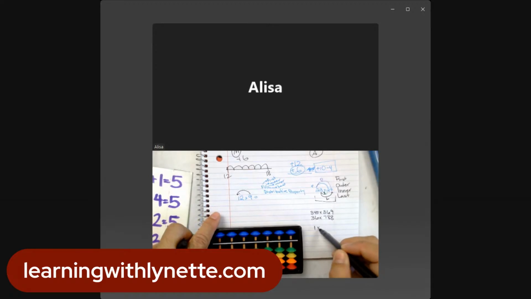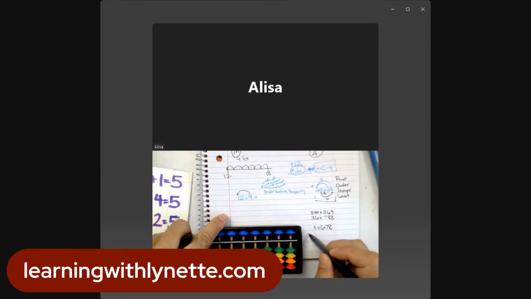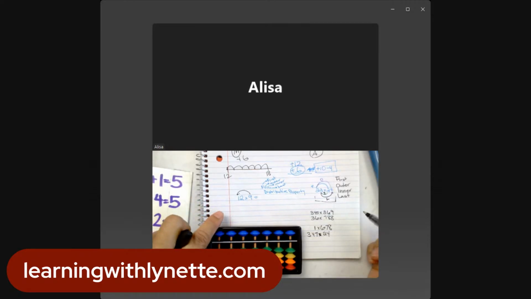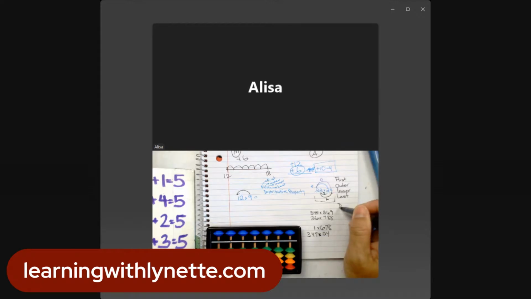What happens if you did 1 times 789? Or 347 times 24? Now what do you do? I don't like the acronym FOIL because it doesn't scale to more questions. Just like memorizing doubles, 4 plus 4, that's only a very small number of things. It's not scalable.